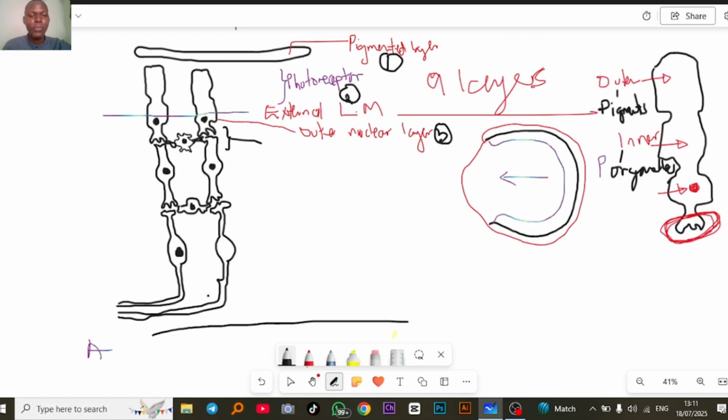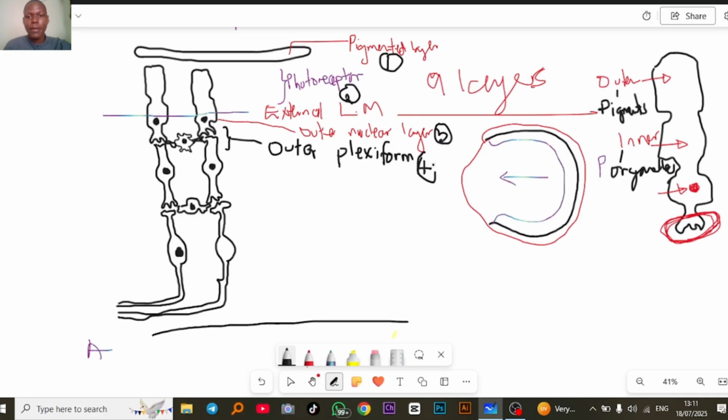So this side will be the inner, and toward the pigmented layer is the outer portion. So this is the outer plexiform layer. That's our fourth layer.